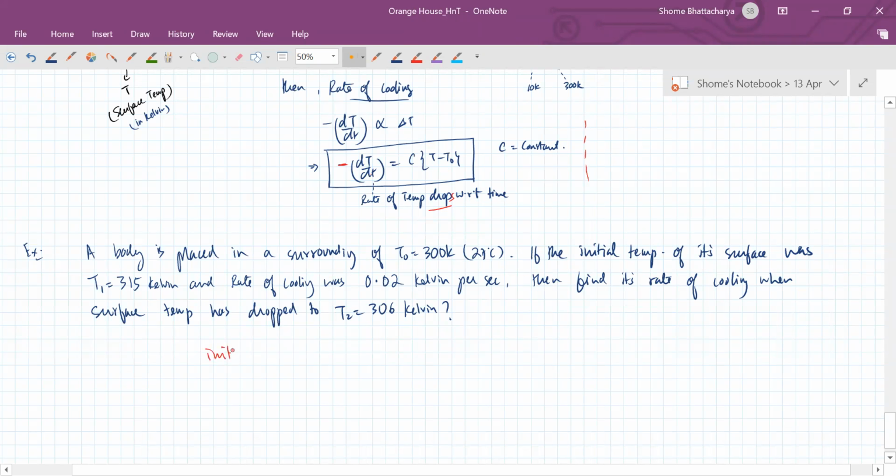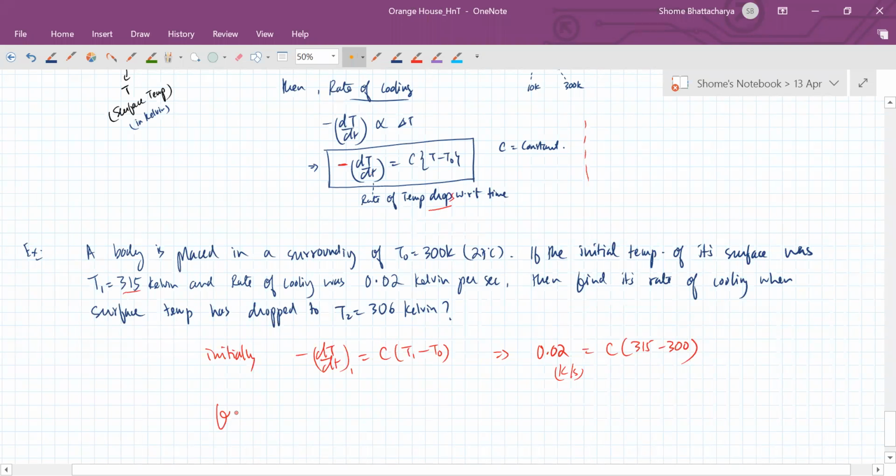Initially, the rate at which the temperature drops will be equal to some constant into T1 minus T0. So we have this, the rate of temperature drop, in Kelvin per second, 0.02, that is equal to this constant into T1, which is 315, minus T0, which is 300.